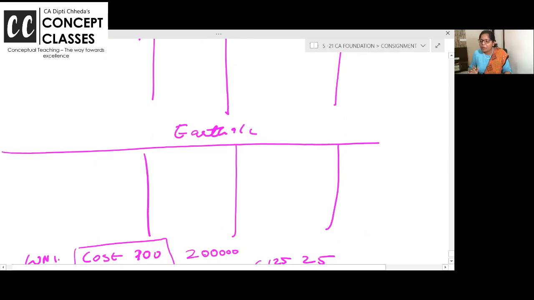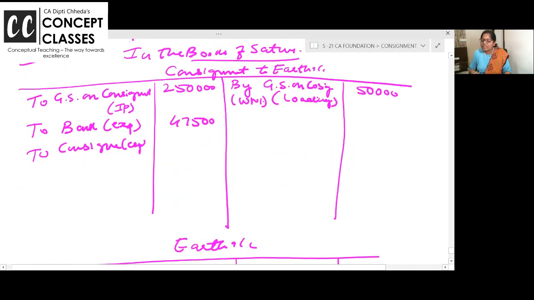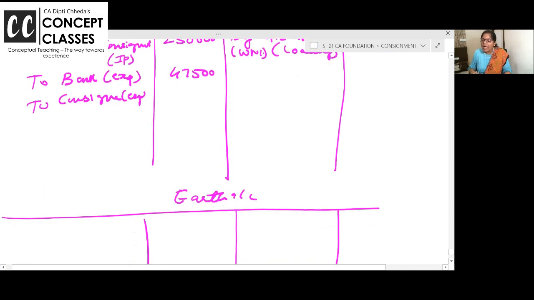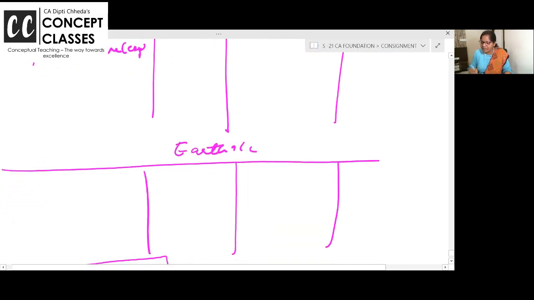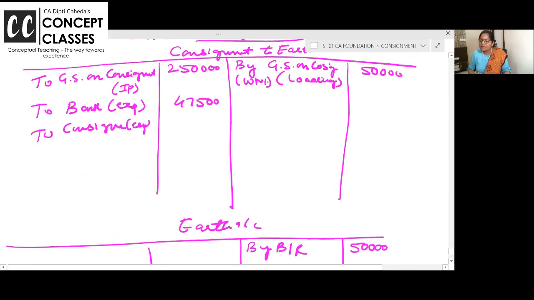Sorry, read the third point. We have drawn the bill. Saturn has drawn the bill on Earth and the bill is accepted and we have discounted. But bills receivable account debit to Earth तो आएगा ना. How much bill we have drawn and they have accepted? 50,000.